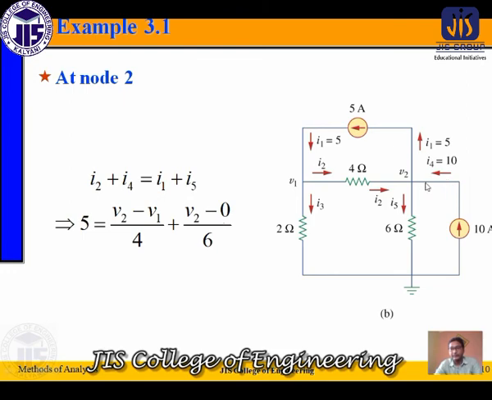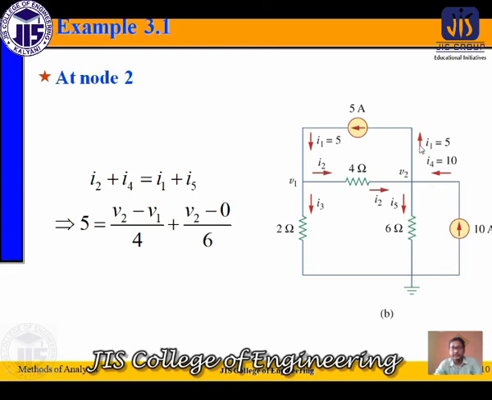Similarly, for this I4 current, the I4 branch has a current source. So I4 has the same value as that current source value, which means I4 is equal to 10 ampere.